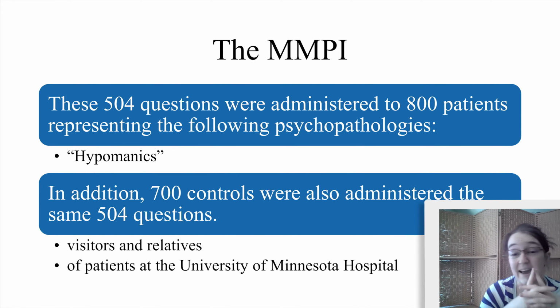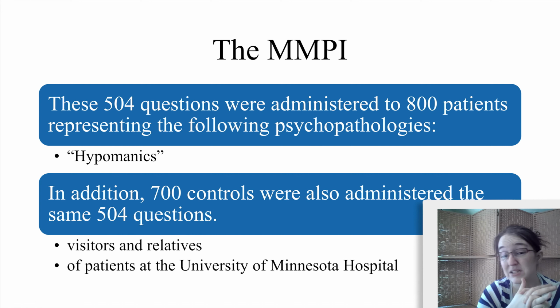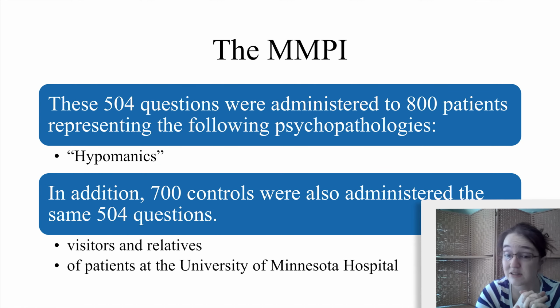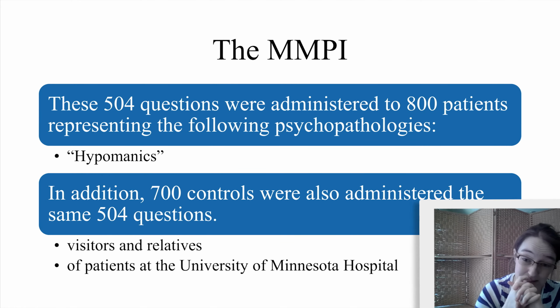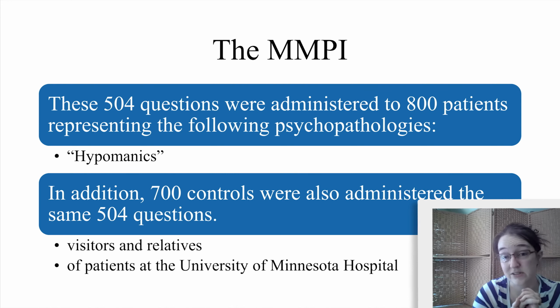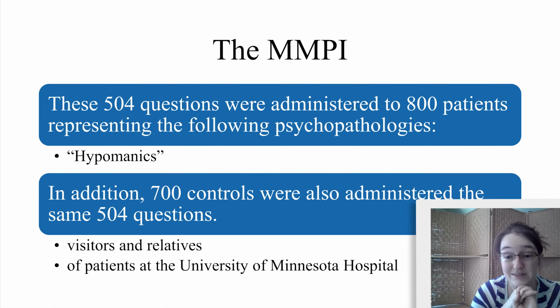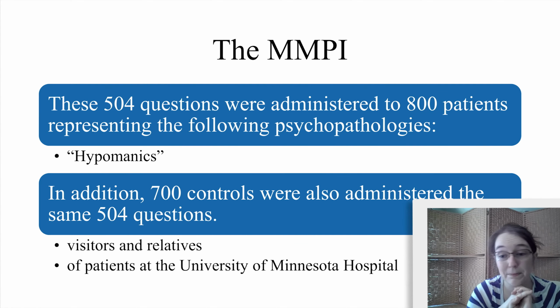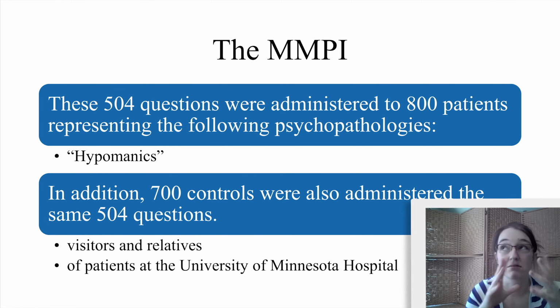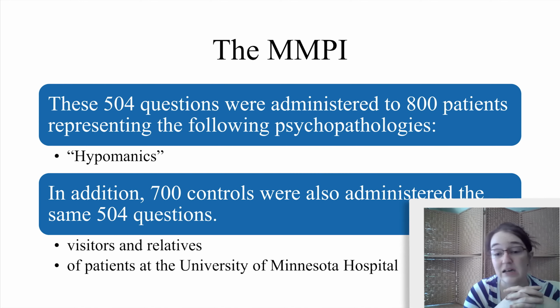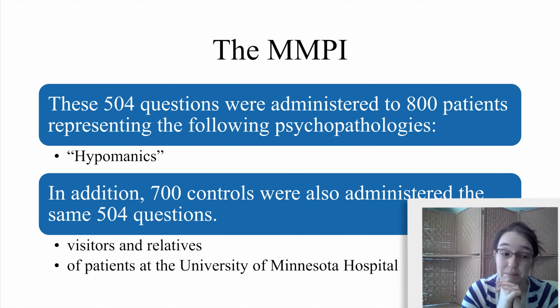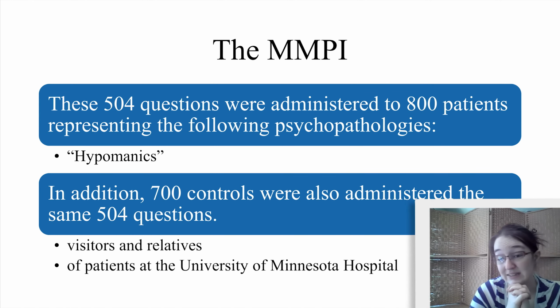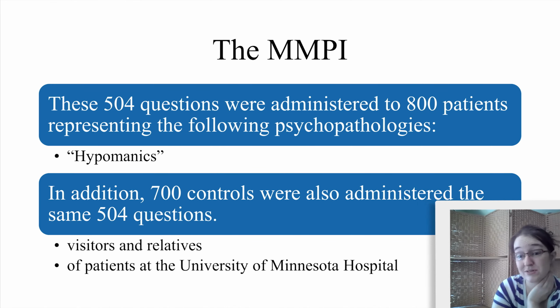And in addition, they had 700 controls. Primarily, these were visitors and relatives of patients at the University of Minnesota hospital system. They were administered the same 504 questions. Now, I know I've been leaning on the farm boys anecdote, but there were some serious demographic pieces, and they tried to address this, but there was a lot of country versus city in the original versions.